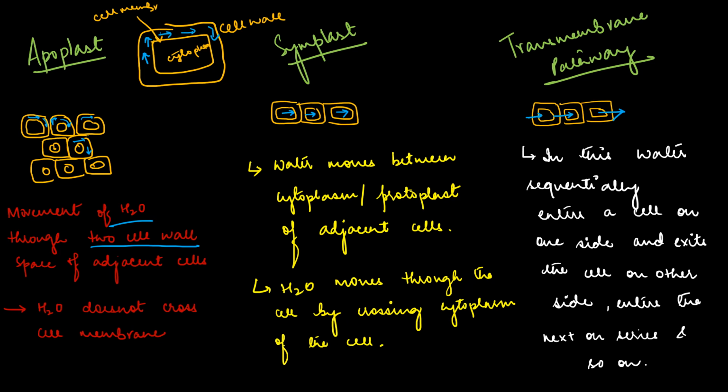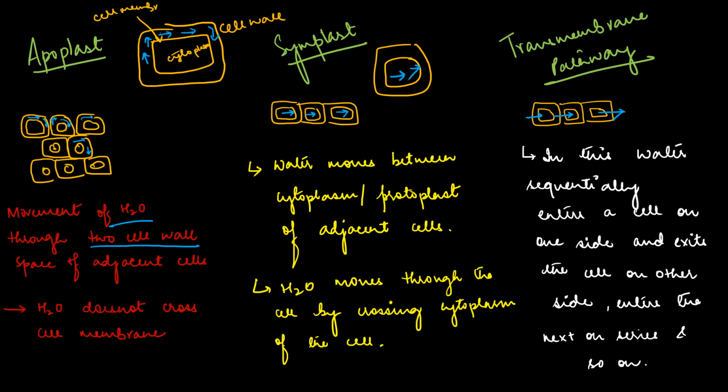Coming to symplast pathway. In case of symplast pathway, what is happening? Water is moving through the cell. Water is crossing the cell. Water moves through the cytoplasm. If you see this, in case of symplastic pathway, how does water move? Water directly moves inside the cell. But in apoplastic, see, it is not moving inside the cell.